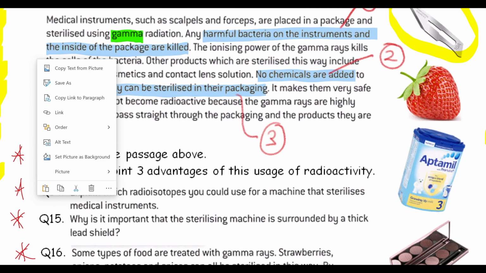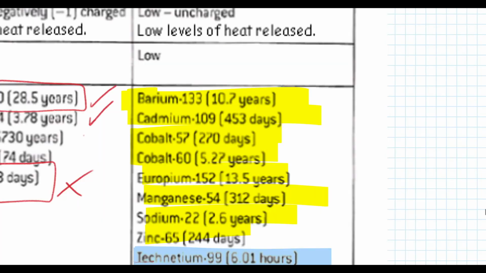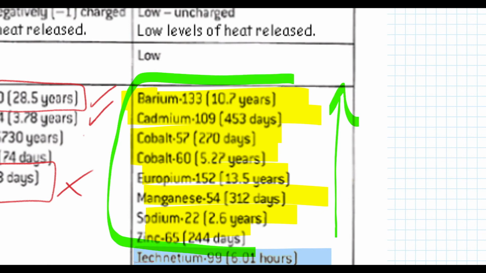And you'd want something with a long enough half-life. So those are the 2 properties. And again, what you need to do then is go to the table and find something that's gamma with a long half-life. Okay, here's the table. So really anything here fits that criteria, that it's gamma radiation and it's got a long half-life.